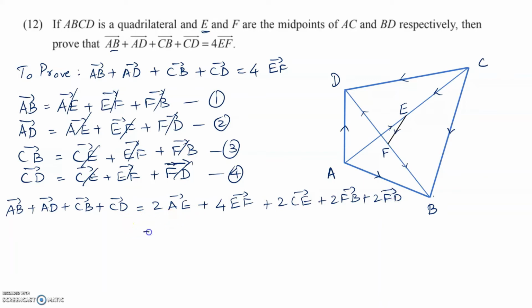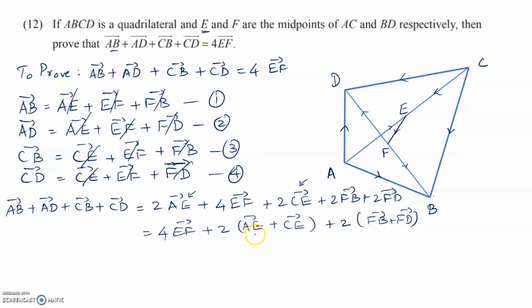Okay, so further simplifying this, we can write this as 4 EF vector, then you can write this as 2 times of our terms AE vector plus CE vector, plus 2 times of the remaining terms, which is FB vector plus FD vector.